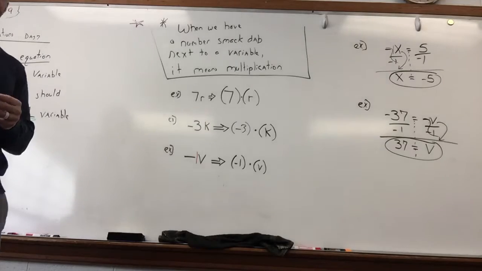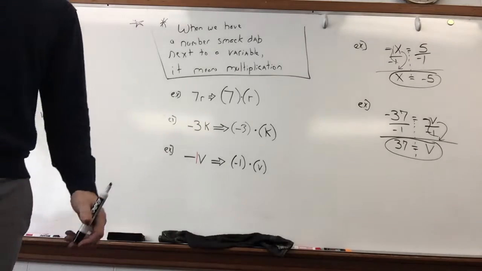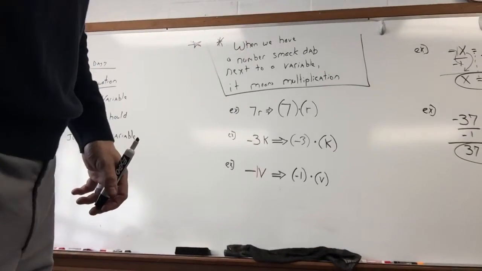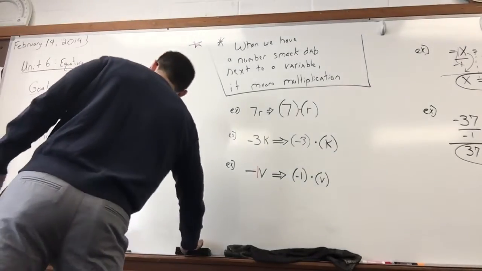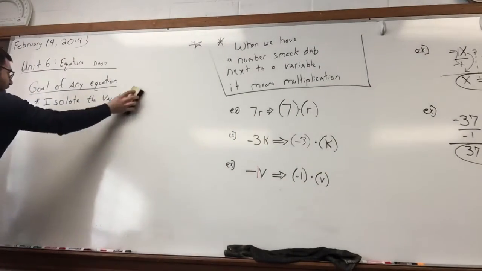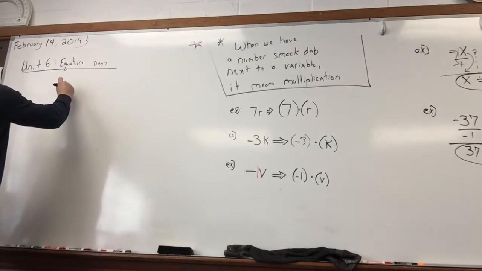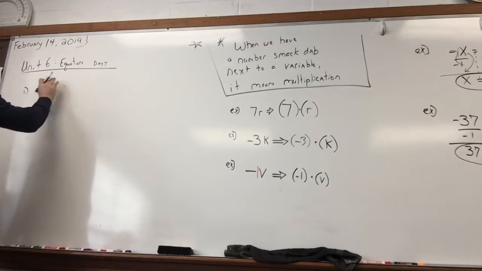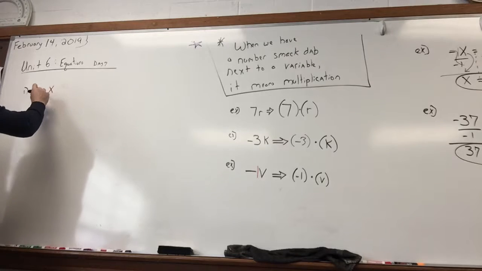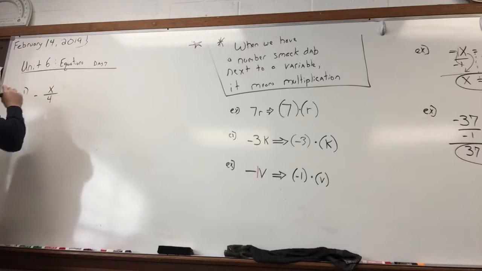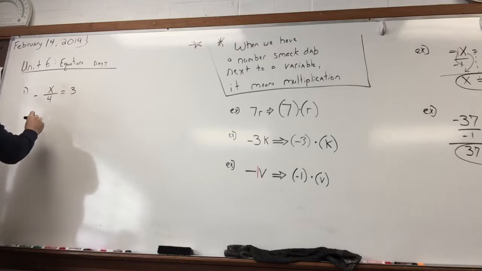Okay. You're going to do 2 problems on your own. Raise your hand once you have them. Actually, I lied. You're going to do 3 problems. You need to get all 3 done first, then raise your hand, and I will gladly check them because I want to see how we're doing. So number 1 is going to be negative x over 4 equals 3.